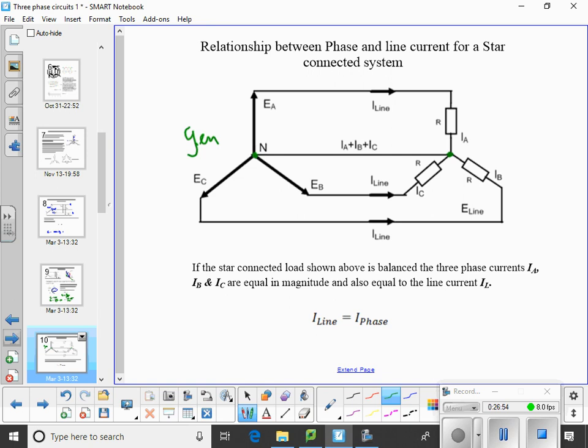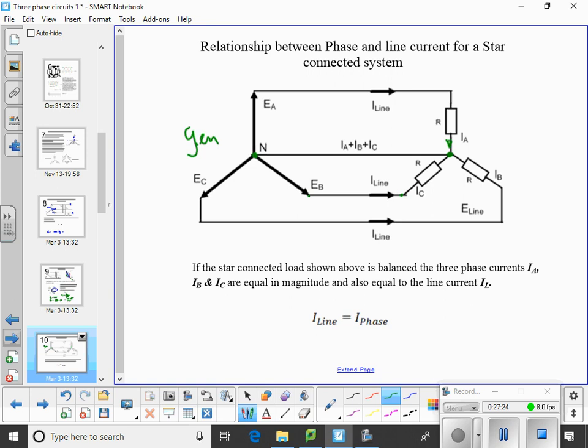So the line current, this is the line from generator to load, is exactly the same as the phase current, because all the line current goes through one load phase. All this line current goes through that load, all that line current goes through that load. And all the three currents added together flow through the neutral.